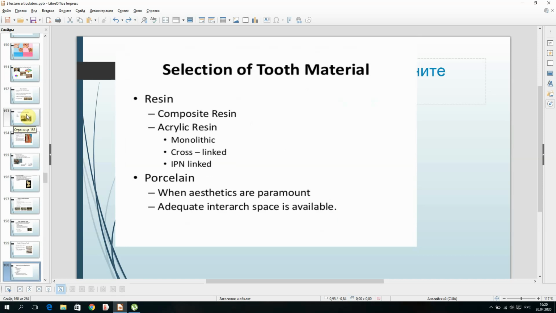Selection of tooth material: resin, composite resin, acrylic resin, monolithic, cross-linked, IPN, porcelain when aesthetics are paramount and adequate interarch space is available.